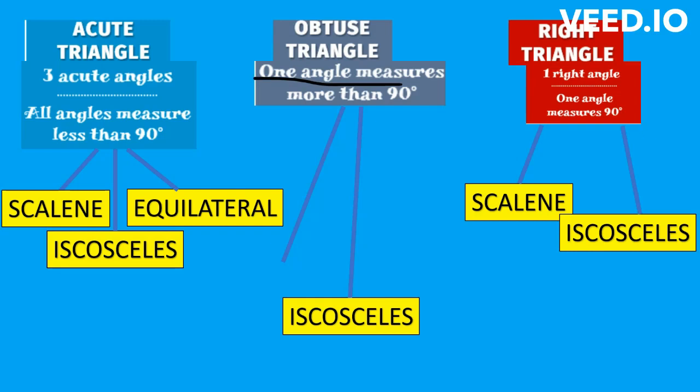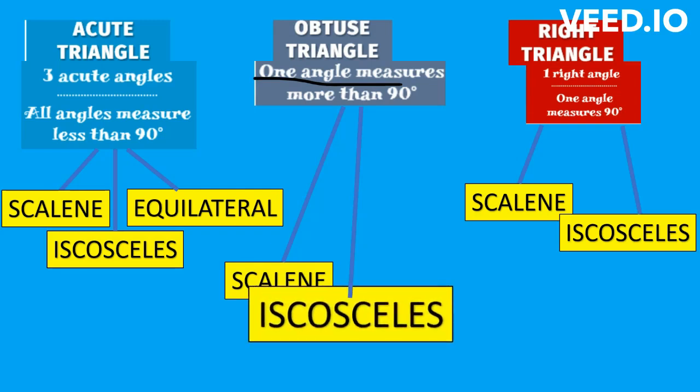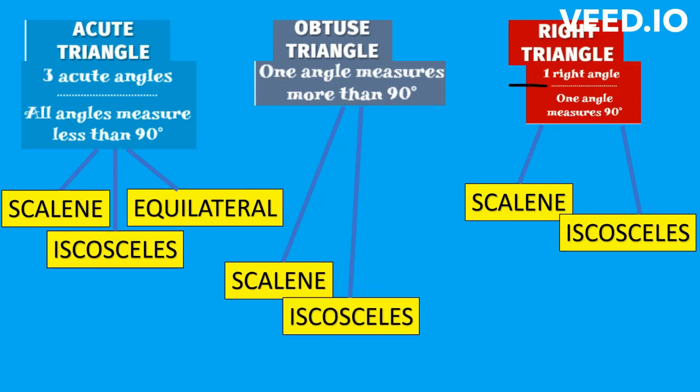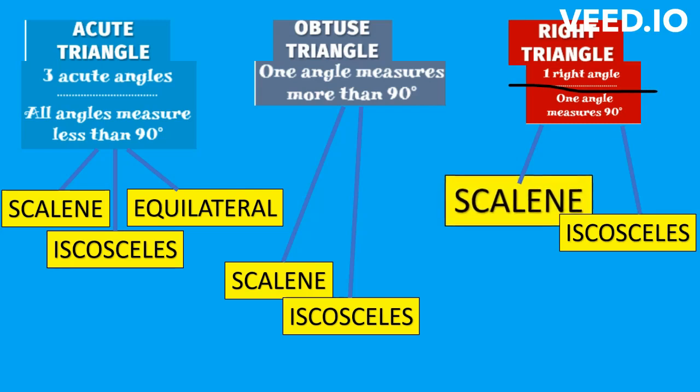It can be scalene or isosceles. We looked at right triangles, which means one angle is a right angle, that is 90 degrees. So a right triangle also can be scalene or isosceles.